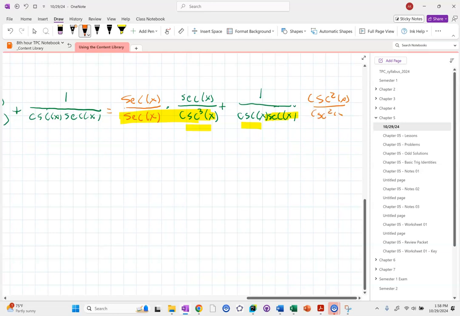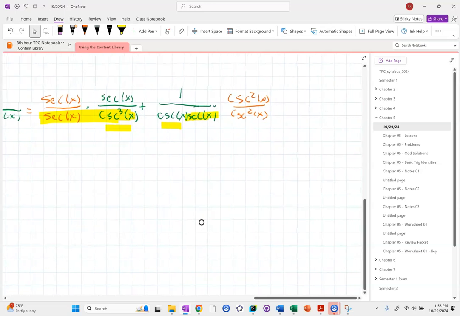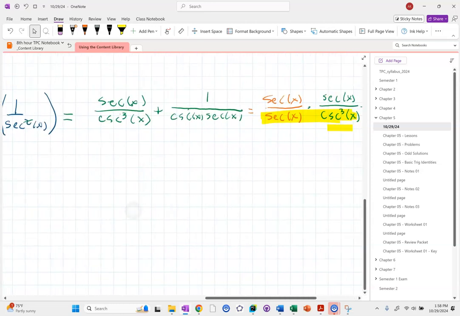All right. People that had your hands up, were you trying to help Tia, or did you have a suggestion or a question? I have a question. Can you go back the other way? Would you be able to combine the secant with the other secant and the cosecant all together? No, that's not how you add fractions.